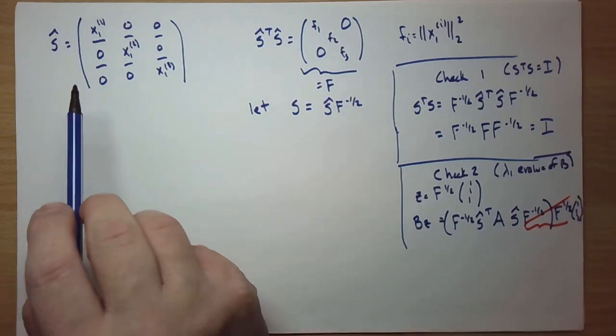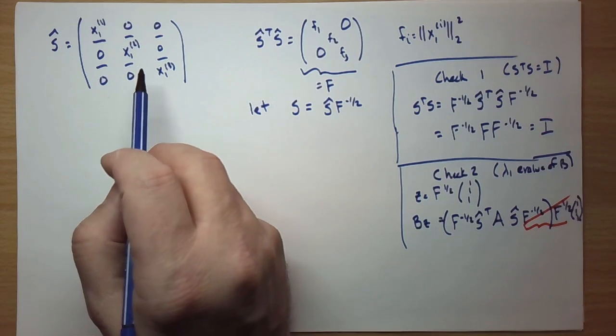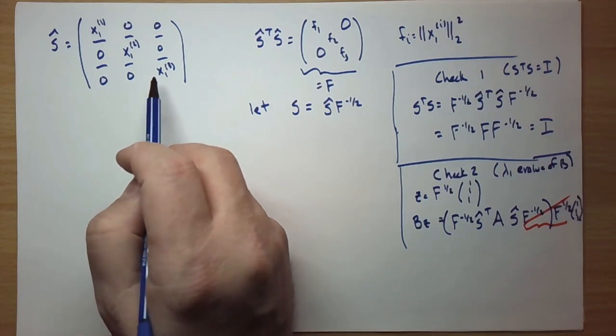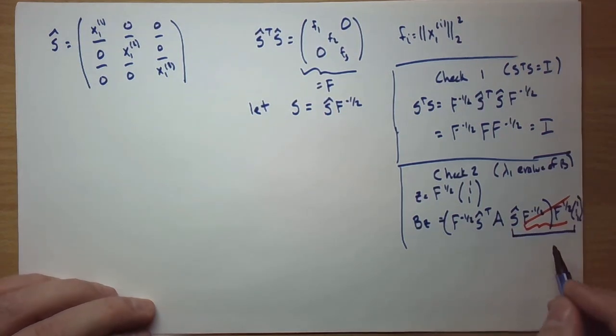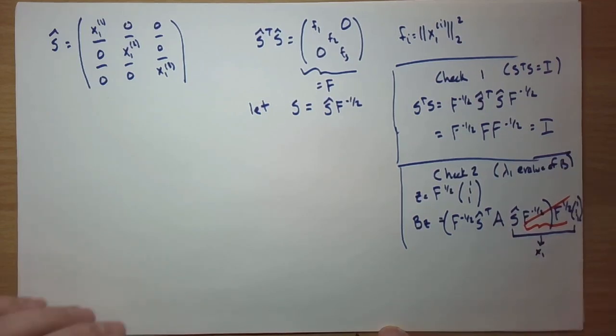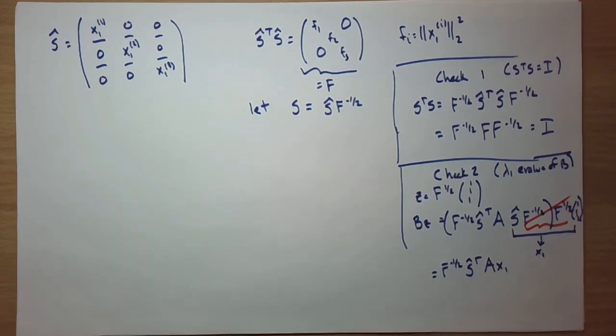In particular, it says add 1 times the first column, plus 1 times the second column, plus 1 times the third column, and so forth and so on. So when you put these two together, what comes out is our x1, the eigenvector x1. So we have F to the minus a half, S hat transposed A, x1. But what do we know about x1?